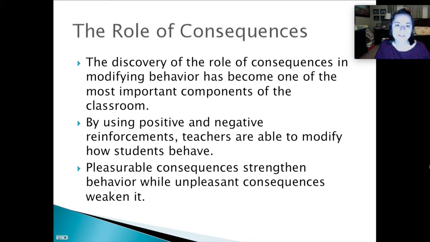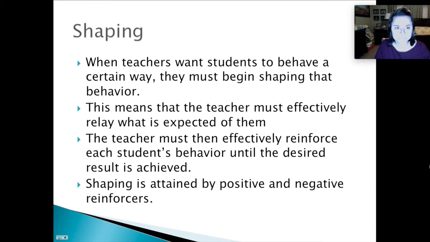The role of consequences. The discovery of the role of consequences in modifying behavior has become one of the most important components of the classroom. By using positive and negative reinforcements, teachers are able to modify how students behave. Pleasurable consequences strengthen behavior, and unpleasurable consequences weaken behavior.